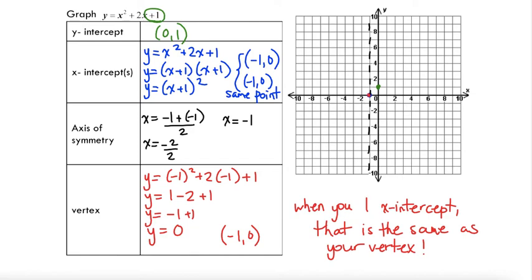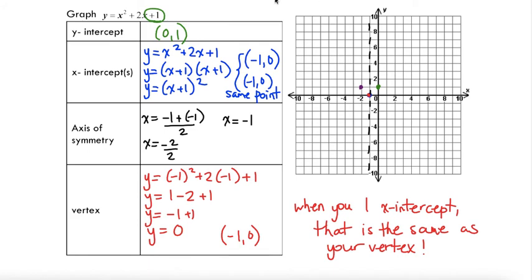So how do we plot another point? This is where we need to think about our reflection points, right? So if I have a y-intercept at +1, then the point an equal distance away on the other side of the axis of symmetry is going to be your other point. And so now we have enough points to sketch our quadratic relation.